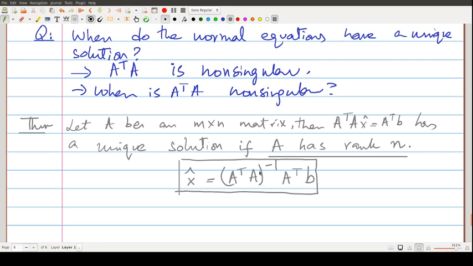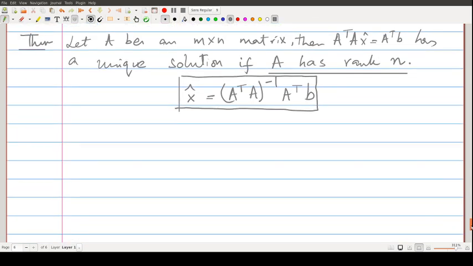So the inverse will exist only when A has rank n, right? So let's try to just prove this little fact. If we can prove this, then we can prove that there is a unique solution. We can invert this A transpose A matrix and so on. Okay, so let's not waste any time.